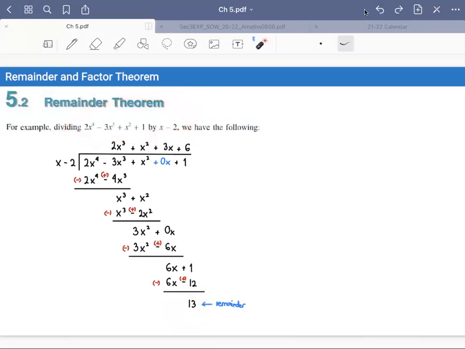Is there a shorter way for us to get the remainder right away without doing this division of polynomials? Yes, of course, there is a way on how we can get the remainder of this division here. Okay, so you don't have to do this step every now and then. So that is where the remainder theorem comes in.